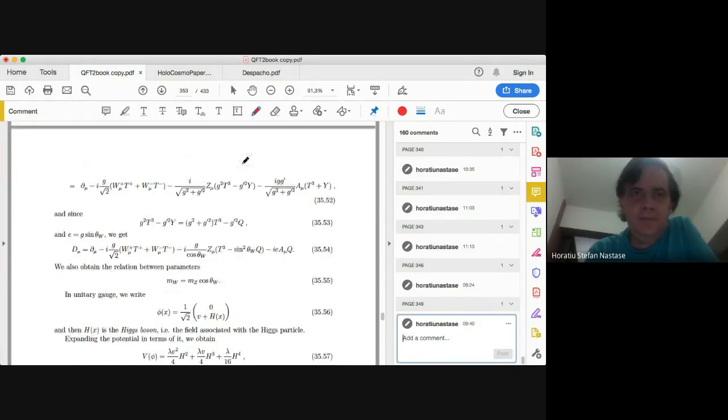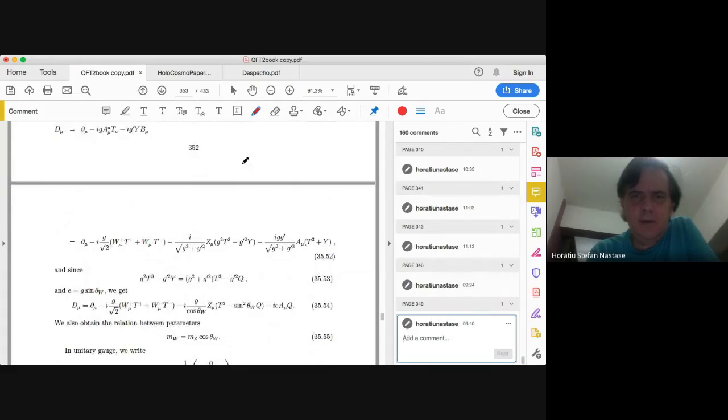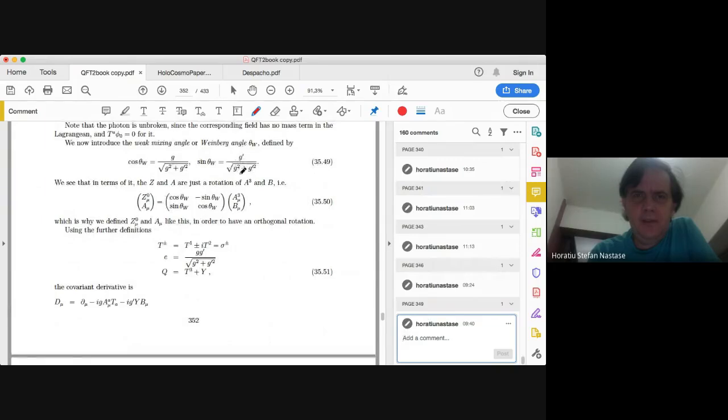Let's see. Sin squared theta W is g prime squared over g squared plus g prime squared, over cos theta W, which means it is g prime squared over g squared, but then everything times square root.